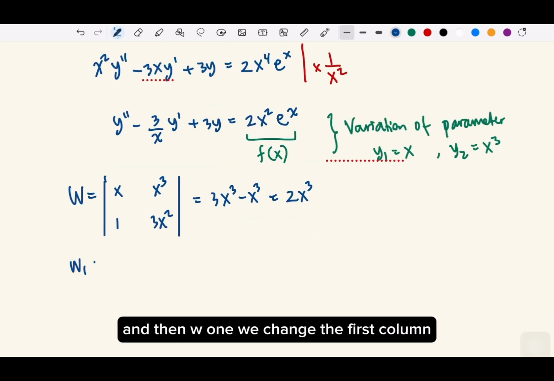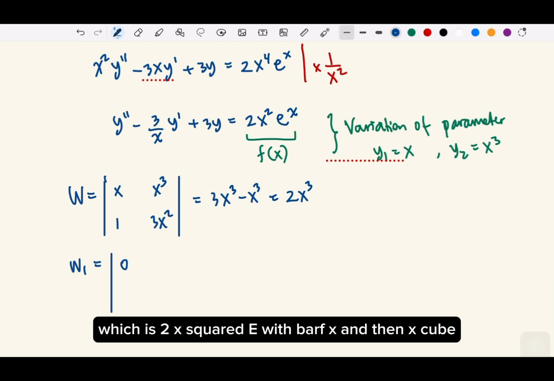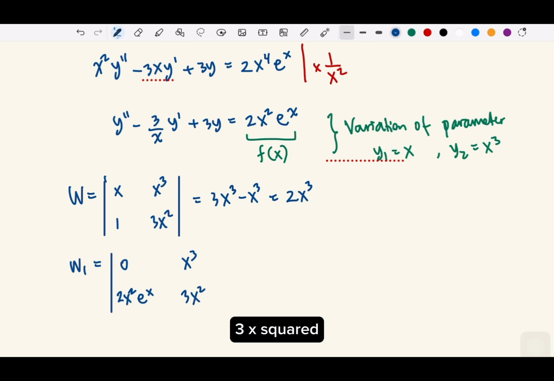And then W1, we change the first column with 0 and f of x, which is 2x squared e to the power of x, and then x cubed, 3x squared. So 0 minus 2x to the fifth e to the x.